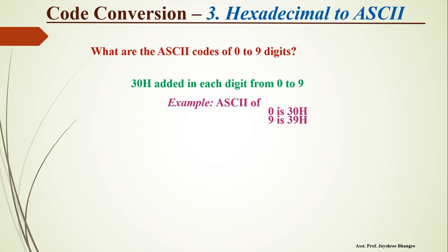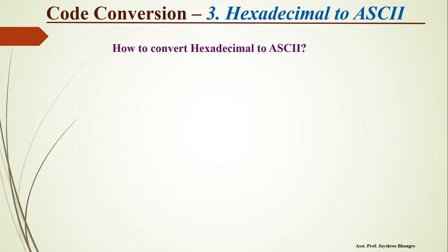If we add 30H to 0, we get 30H. If we add 30 to 9, we get 39H. So the ASCII codes for the digits 0 to 9 are nothing but 30H, 31H, 32H up to 39H. We have to just add 30H to that particular digit.